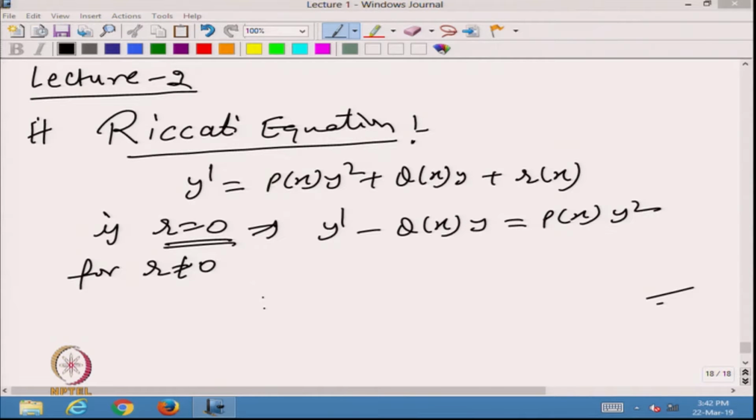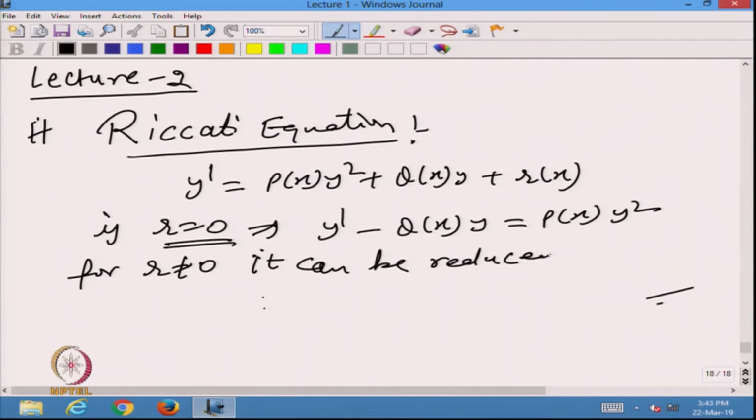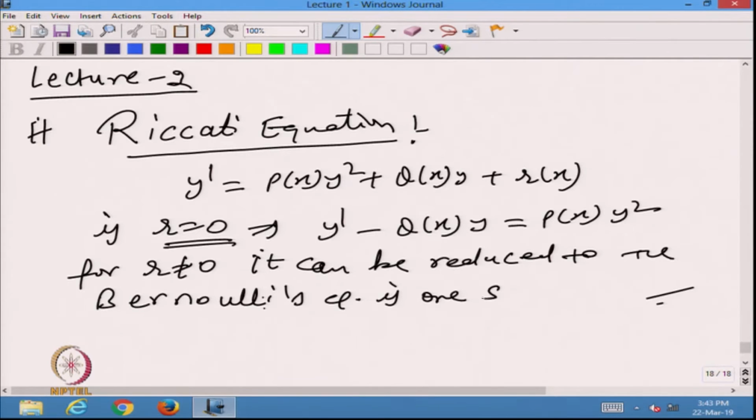However, the Riccati equation can be reduced to the Bernoulli equation for r not equal to 0, if one solution, say y x is equal to u x, is known.